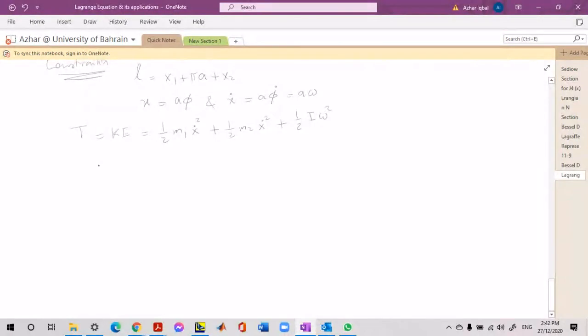Now it can be reduced to half m1 plus m2 times x dot squared plus half I omega squared, where omega is given by x dot over a, so omega squared will be x dot over a, squared.